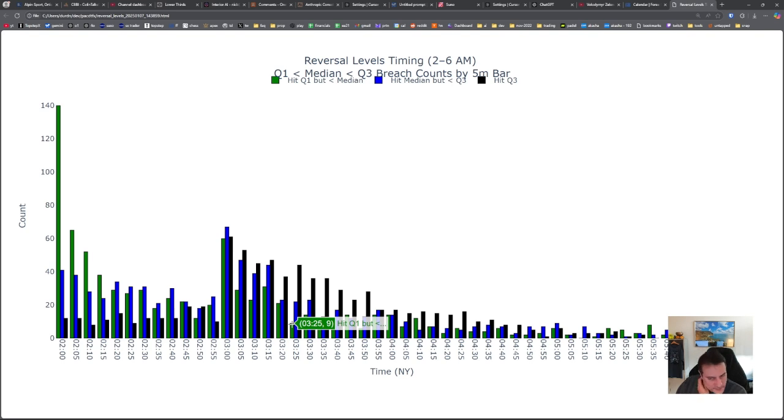So we can do some clustering. For example, we could cluster between 2 and 2:55, between 2 to 3, and say if by 2:55 we have not hit Q1.